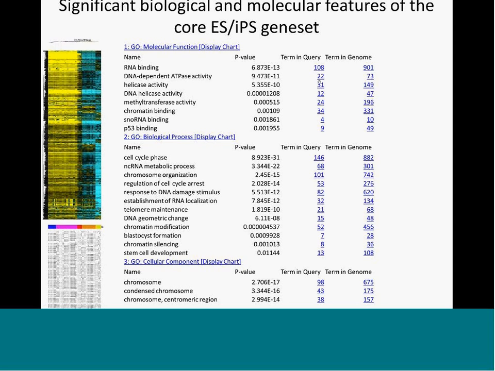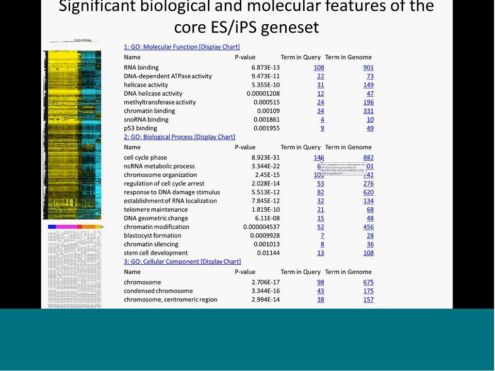So the term in query is the number of genes that were from this top signature, I'm not sure what I used, it was around 1,000 genes actually. How many of the terms in that expression signature query have been annotated with any of these GO terms?